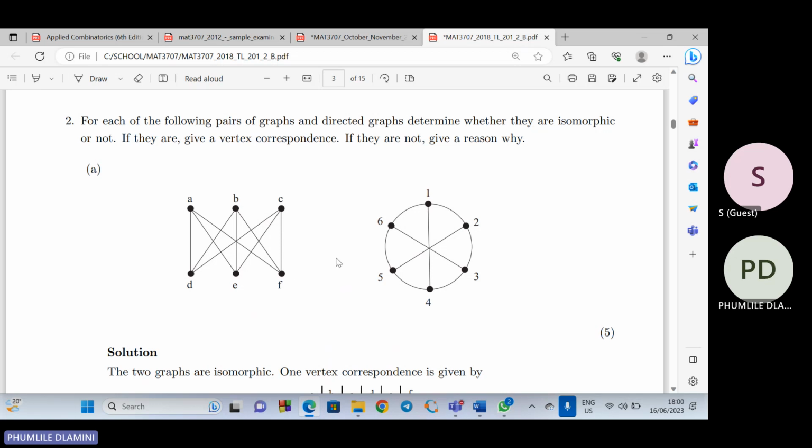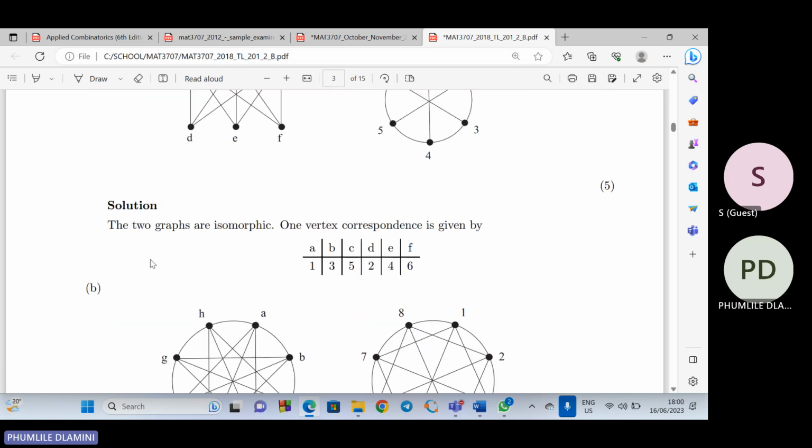So in this one here, we found that these two, they are alike. If we check, let's check with here. If you check, it has 1, 2, 3, and then it also has 1, 2, 3. If you check A, it's going to be 1. Okay, let me check something. In this one here, the solution, the two graphs are isomorphic.